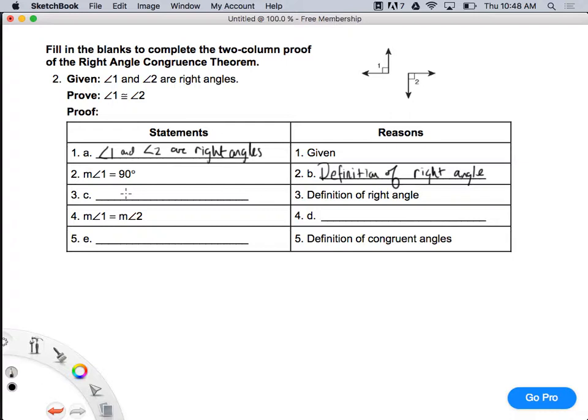That's your clue of what this step should be. It tells me I'm using the definition of a right angle, and there's only one other right angle, angle 2. So I have to say the measure of angle 2 is equal to 90 degrees. You understand that?